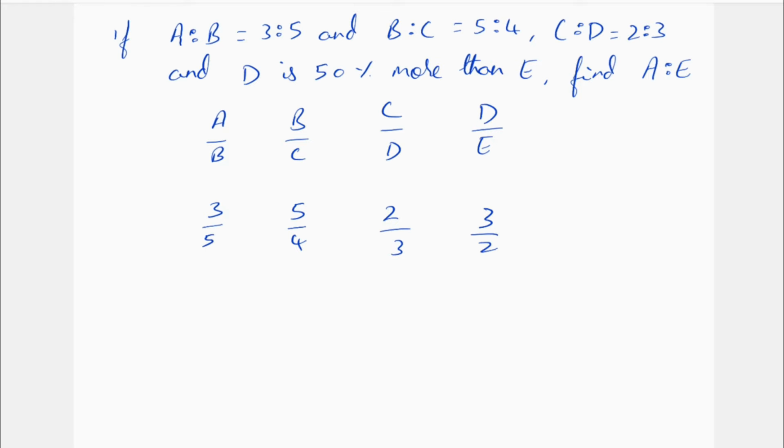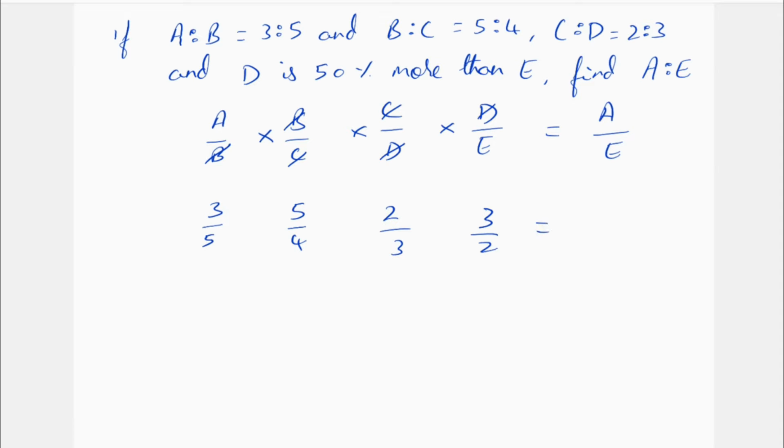Now they are asking us to find a is to e. By having a very first look at this, written down like this, we can clearly see that if I multiply these ratios, b and b will cancel, c and c will cancel, d and d will cancel, and I'll be left with a is to e.